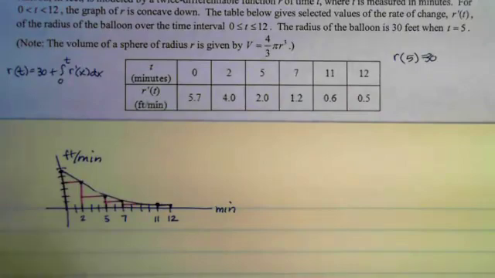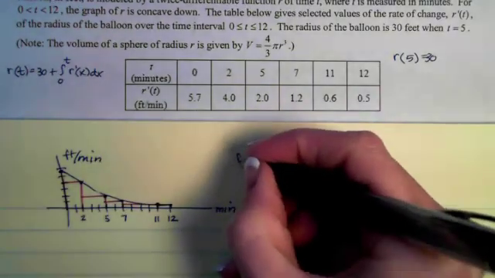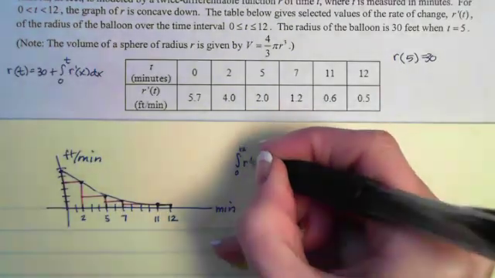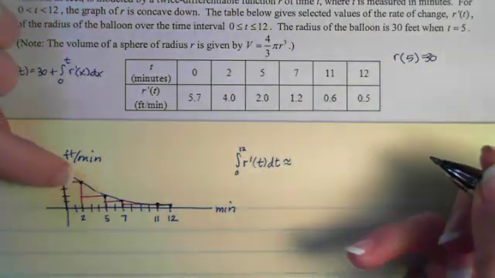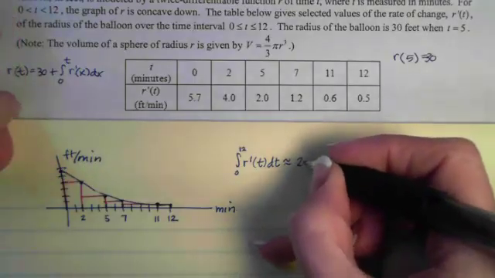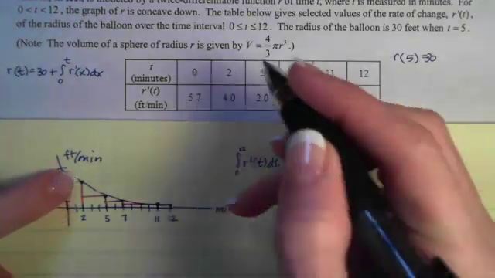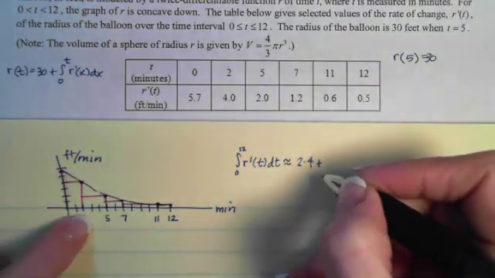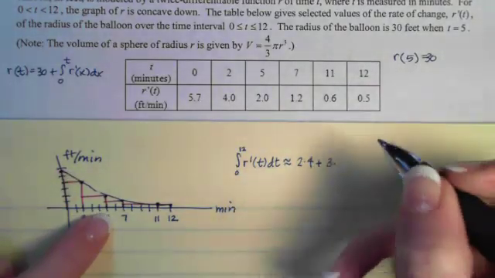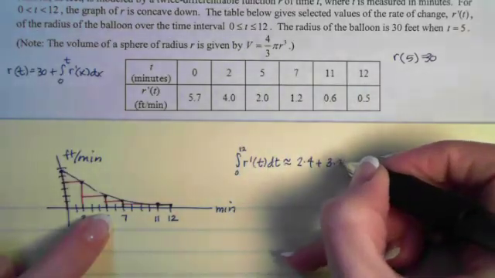We'll end up with the accumulation being approximately the area of the first rectangle, where the width is 2 and the height comes from the 4, plus the next width is 3 and its height is 2.